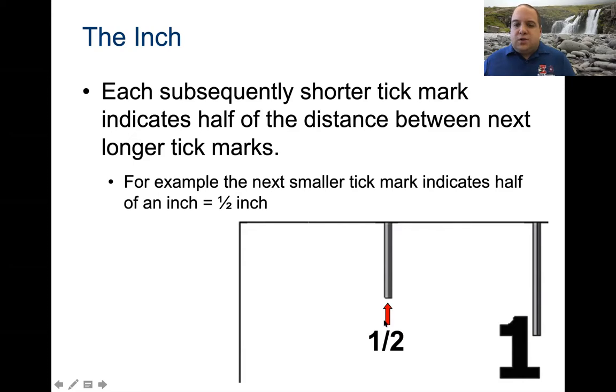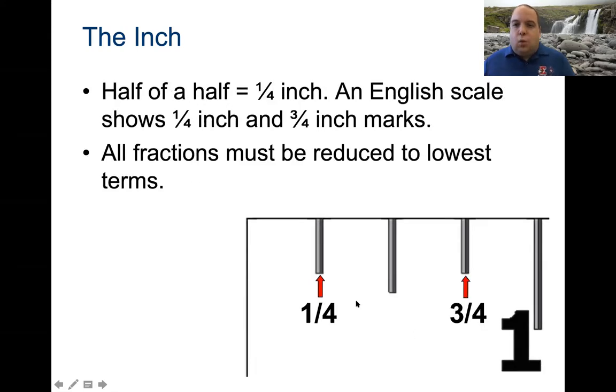If we want to take half of a half, so we have a half and we want to cut the half in half, you double the bottom number. So in this scenario, you have 1/2. So the 2 doubles, and that becomes 1/4.